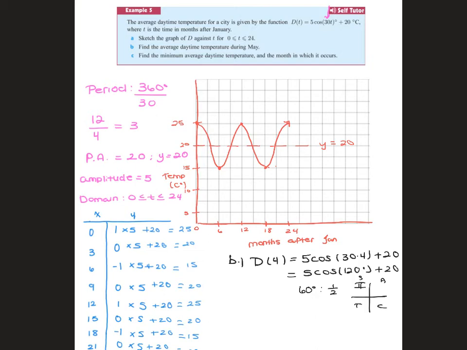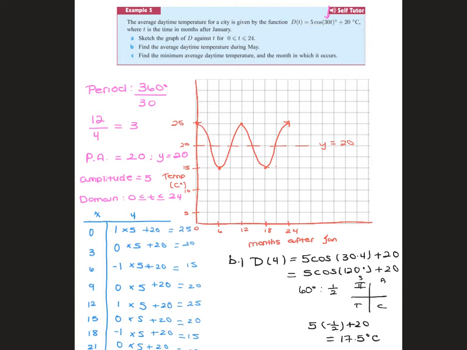So in the second quadrant, only sine is positive. So that means that for 120, you're going to have a negative 1/2. So the cosine of 120, in other words, is negative 1/2. So 5 times negative 1/2 plus 20 is equal to 17.5. What is that? Degrees Celsius.